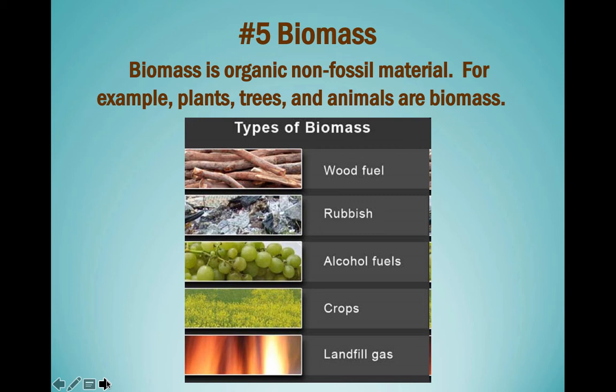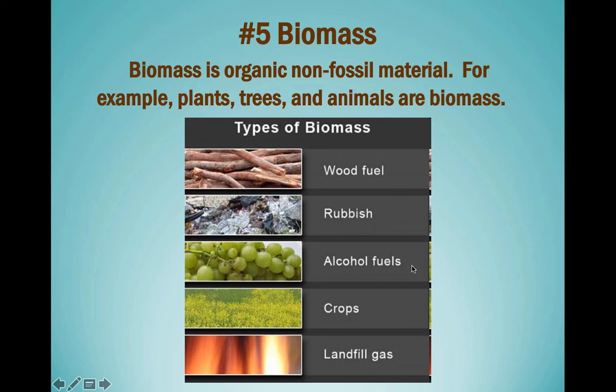All right, last but not least, and this is pretty straightforward, biomass. Biomass is any non-fossil fuel. So not oil, not gas, none of those kinds of things. A lot of plants, trees, animals are used for biomass: wood, rubbish, garbage, alcohol fuels, aka ethanol. They use ethanol a lot nowadays, and it's used a lot in farm equipment.